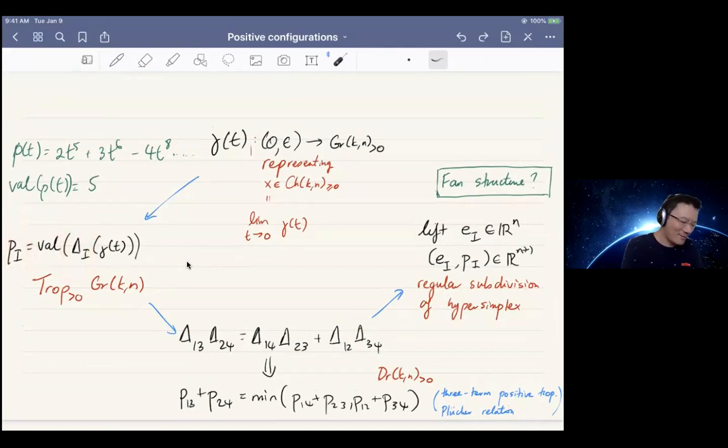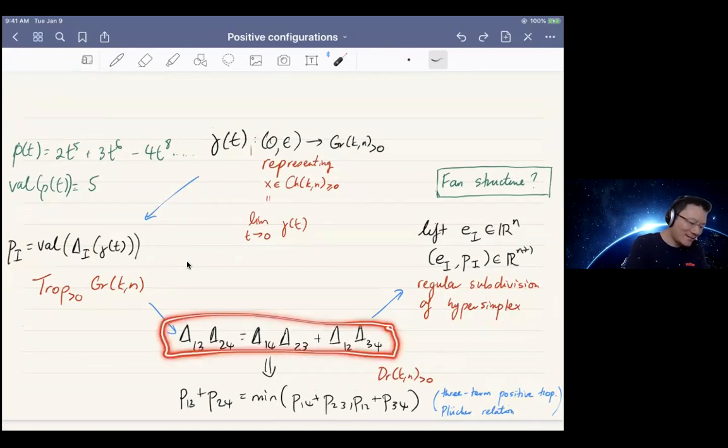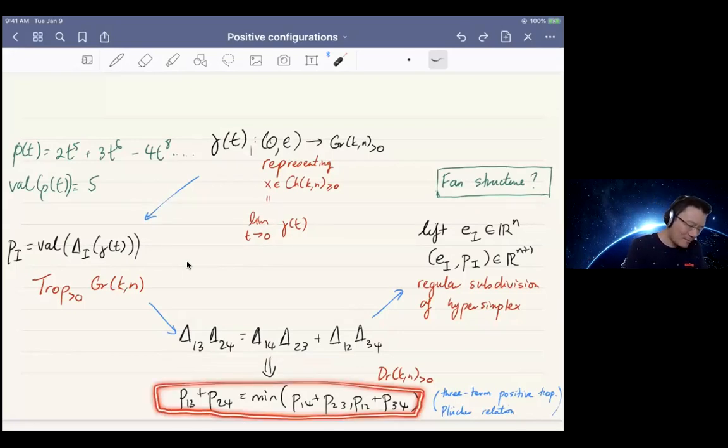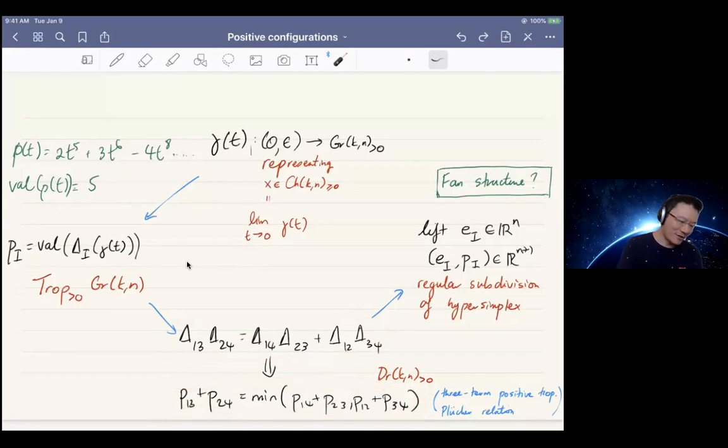And the simplest kind of relation is the three-term Plücker relation. This is a quadratic identity satisfied by the minors of a 2x4 matrix. If you take this identity and ask what happens to it with a condition of positivity, then you will get the following equality between the valuations, and this is called the three-term positive tropical Plücker relation.